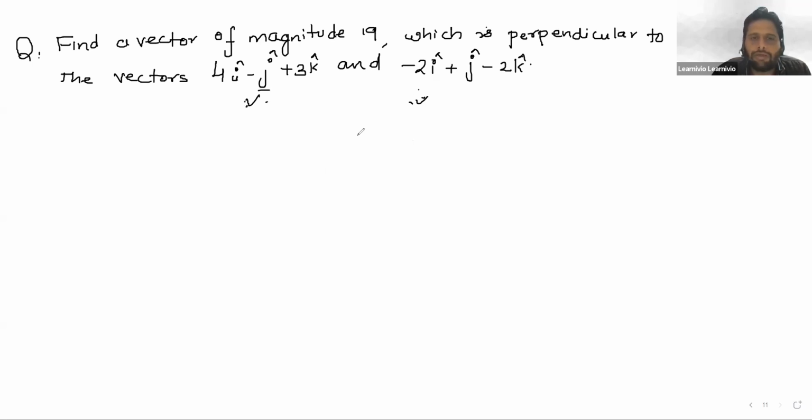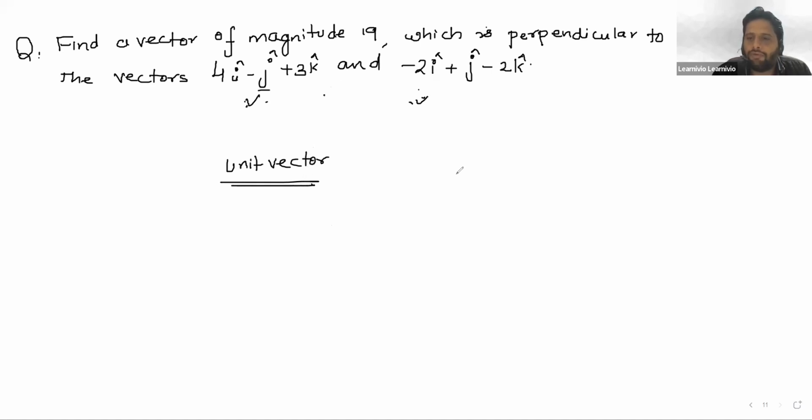Abdur? Rifat? Yes, correct, Abdur. Magnitude is 1. The vector whose magnitude is 1 is called the unit vector.